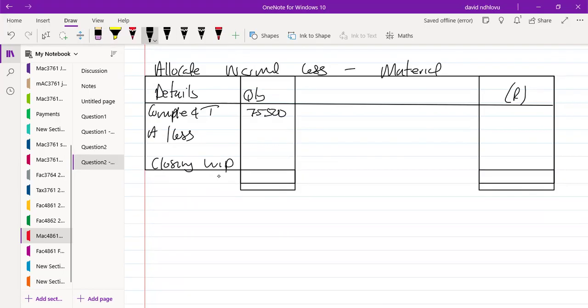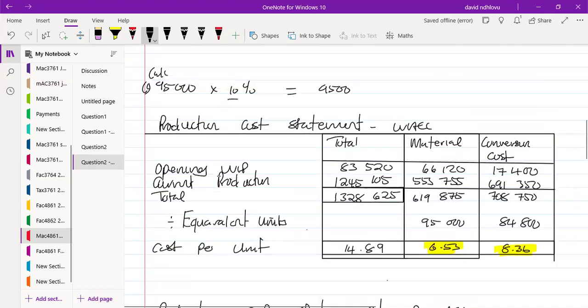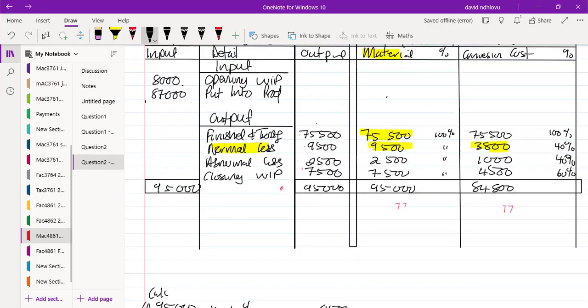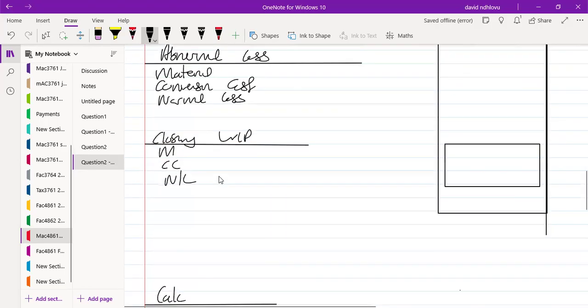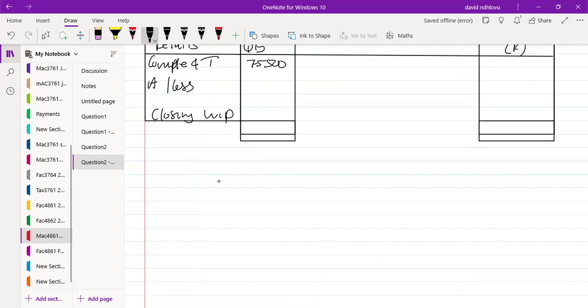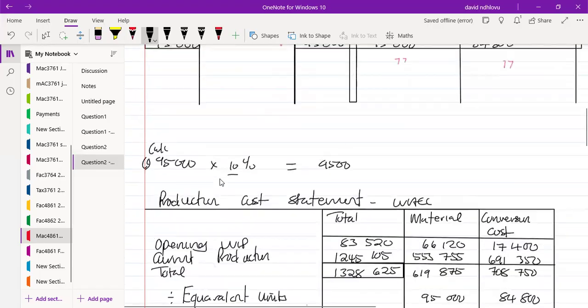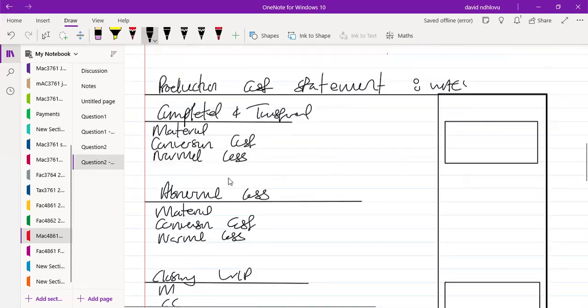And here we got, I think it was 2,500. And we got, in terms of the closing WIP, it was 7,500.